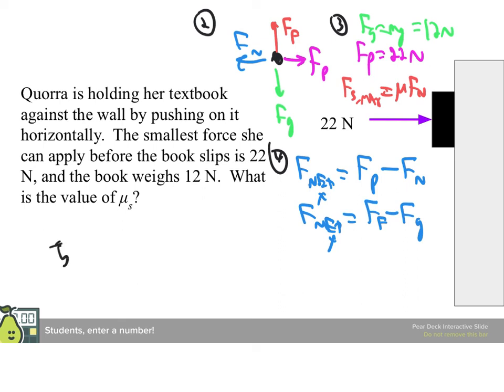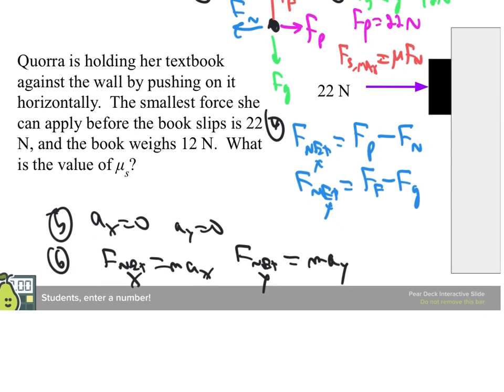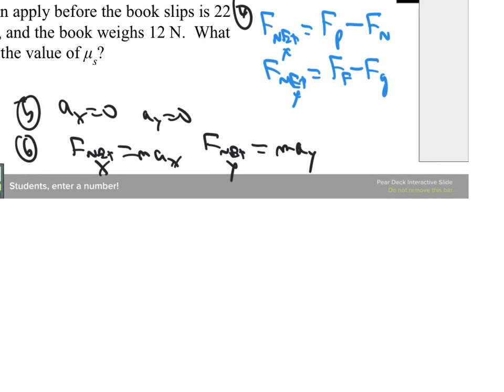Step 5 says write expressions for a, but that's easy because ax equals 0 and ay equals 0. And step 6 says write Fnet equals ma in each direction. And then we get the maybe meat of it, which is step 7, which says substitute and solve. Well, step 8 says solve.